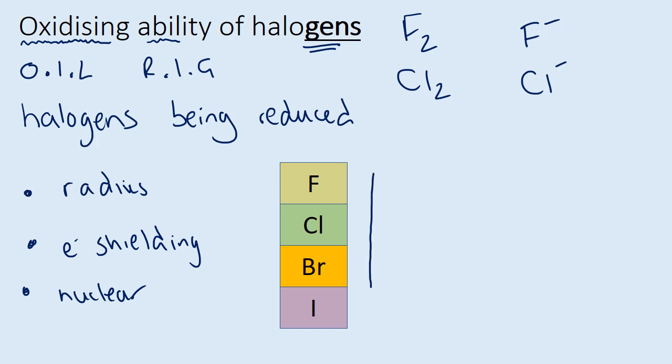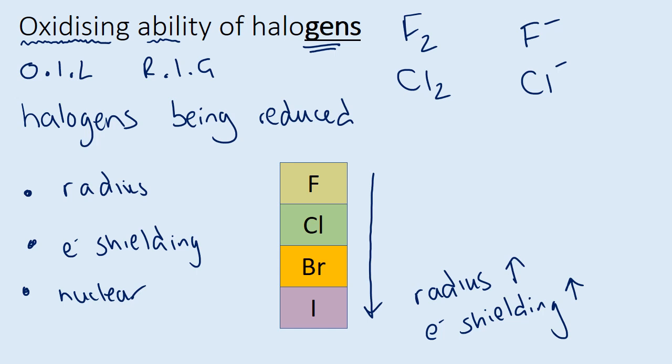As we go down the group, the radius is increasing and the electron shielding is increasing. The radius is increasing because we have more electron shells, and the electron shielding is also increasing because we have more electron shells or inner shells. So despite the fact that we have an increase in nuclear charge, these two factors outweigh it.